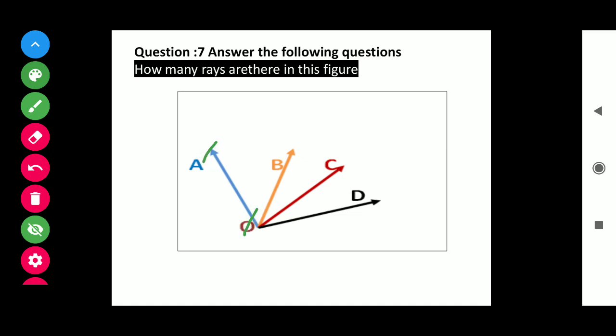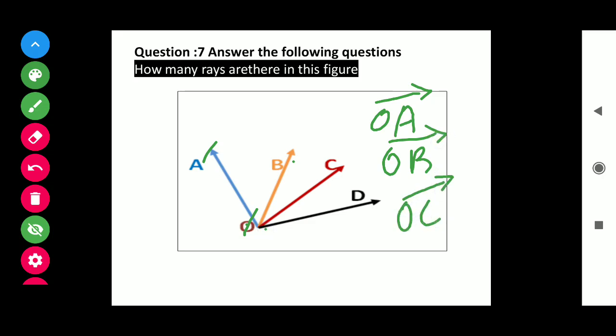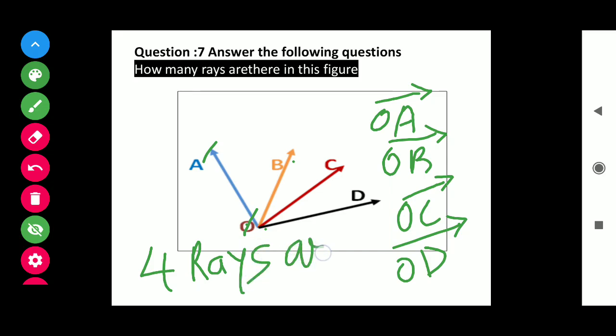This one is ray OA, this one OB, this one OC, this one OD. So total 4 rays are there.